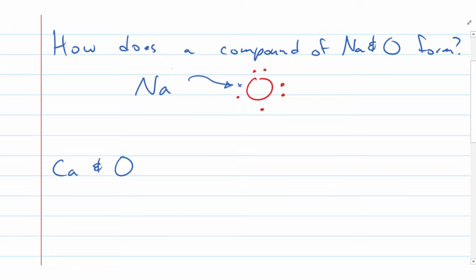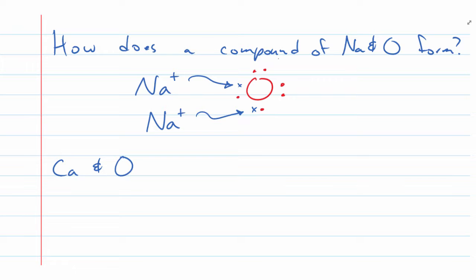Now because the sodium has given up 1 valence electron, its charge is 1 plus. But this oxygen here now needs 1 more. Only way for us to get 1 more is to put in another sodium with its 1 valence electron. And sodium will transfer that 1 electron over to the oxygen. When it does so, the sodium will have lost 1 valence electron, and its charge will become 1 plus.